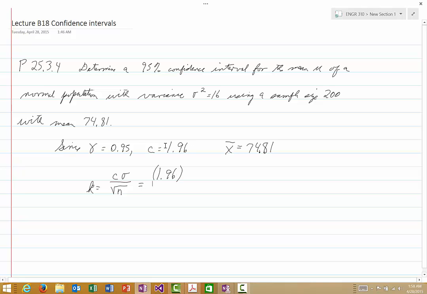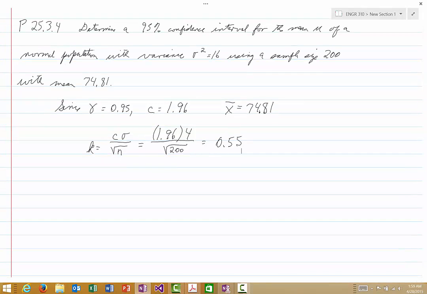Sigma is the square root of the variance, and since the variance is 16, sigma will be equal to 4. And n is the number of samples, which is 200, so this will be the square root of 200 in the bottom. And K will end up being 0.55.